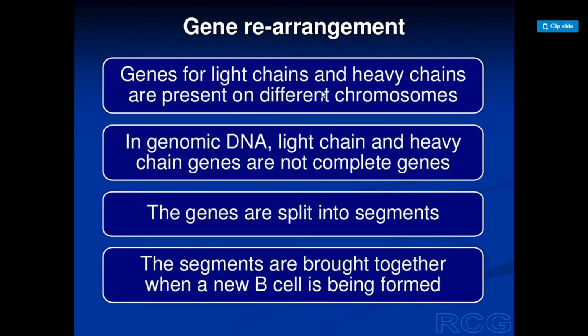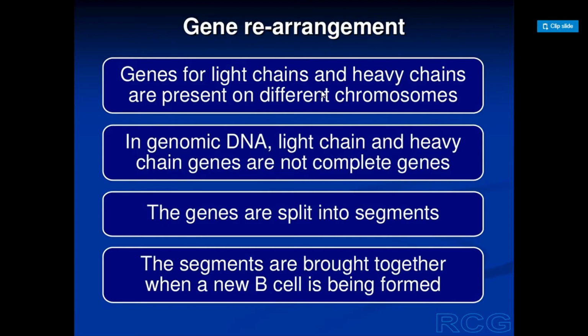Gene rearrangement means that the genes for the light chain and heavy chain are present on different chromosomes. In the genomic DNA, the light chain and heavy chain genes are not complete genes.